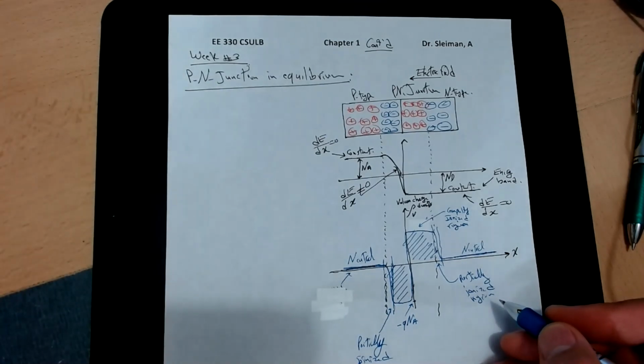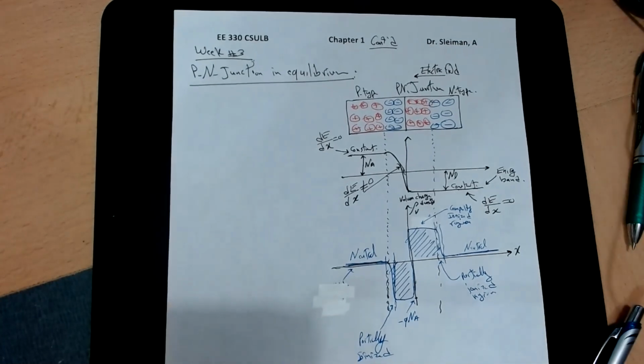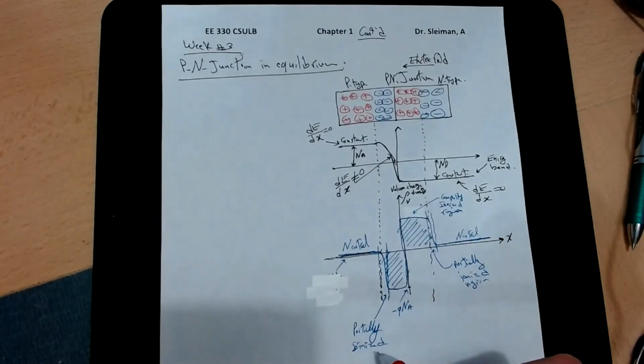Okay, to do a depletion approximation, I'm going to use a red line. We're not going to consider any partial ionization.